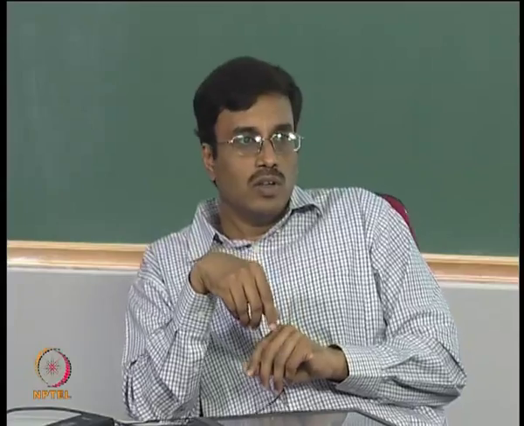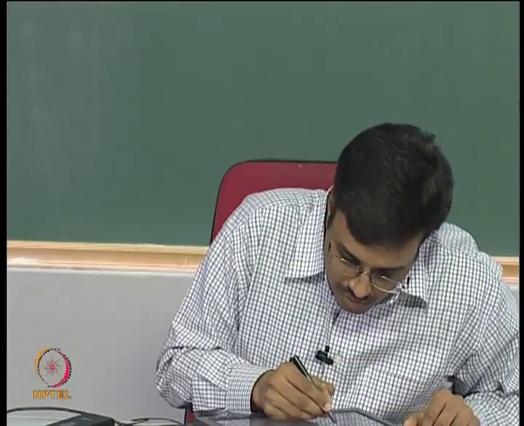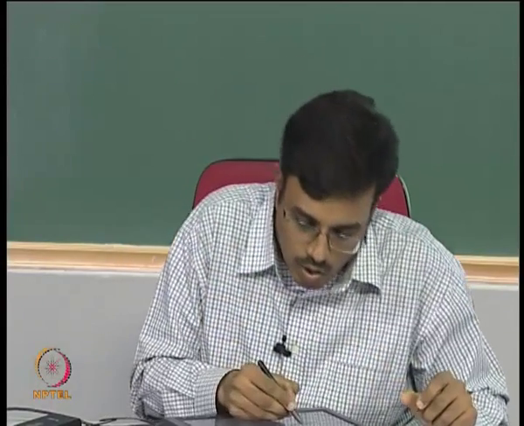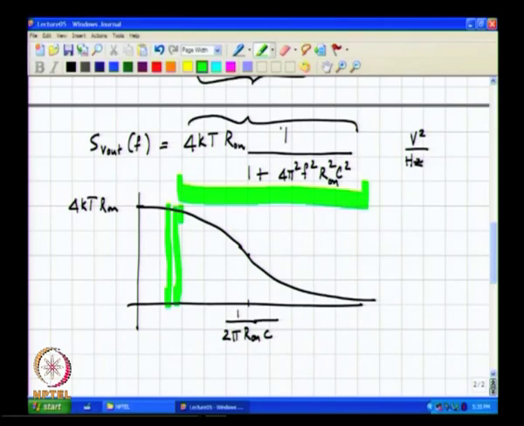Now, you can think of this as many sinusoids closely spaced together, each at 1 hertz spacing, and each sinusoid has a power which is 4kTR on times 1 by 1 plus 4 pi square f square and so on. Does that make sense?